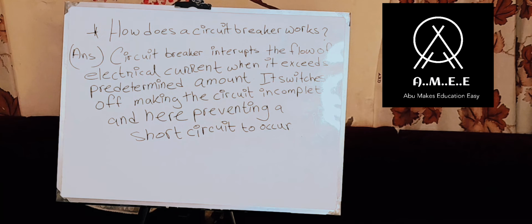Now, we don't need to say things like when we turn on electricity, gas. We just need to say the main thing. So, the circuit breaker interrupts the flow of electrical current.